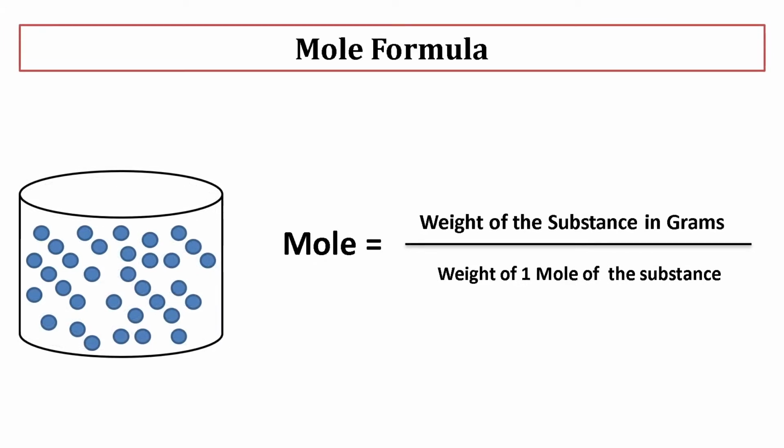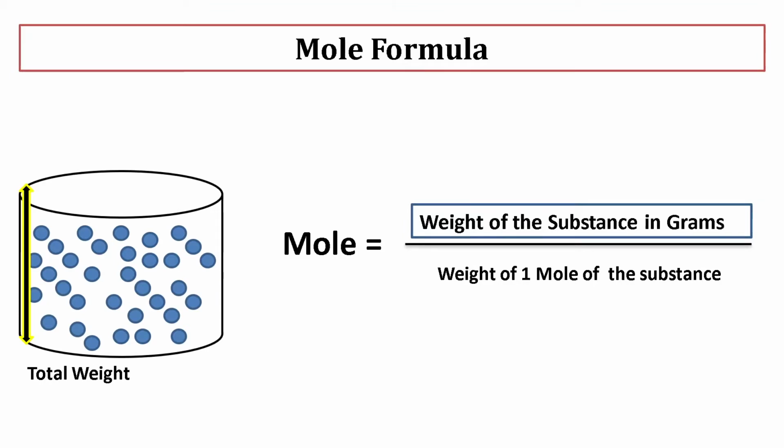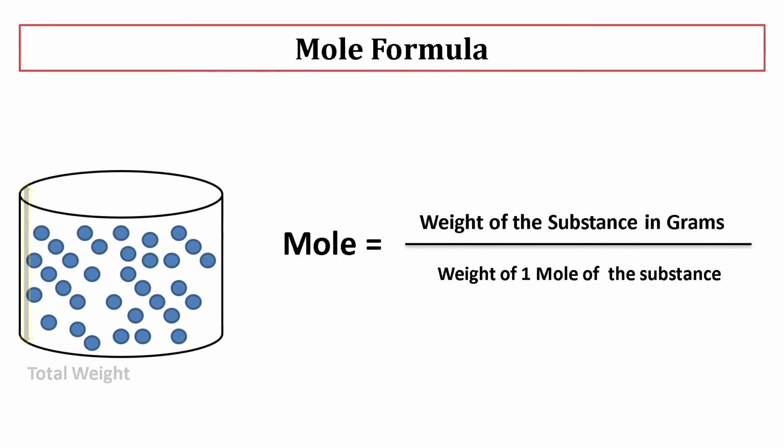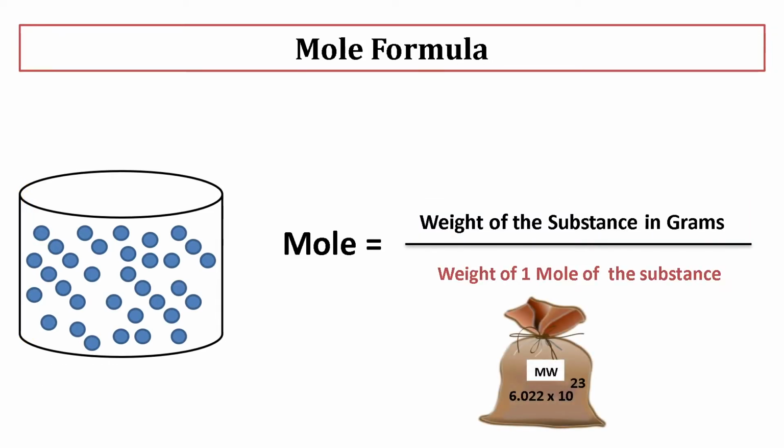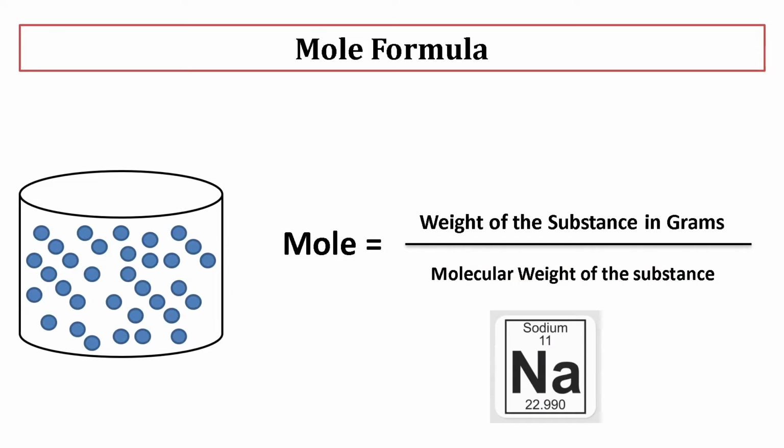For that, we need to know the total weight of the substance that has been given to us. Then we need to know the weight of 1 mole of the substance. And we know that 1 mole of the substance is equal to the molecular weight or the atomic weight, which can be found from the periodic table.